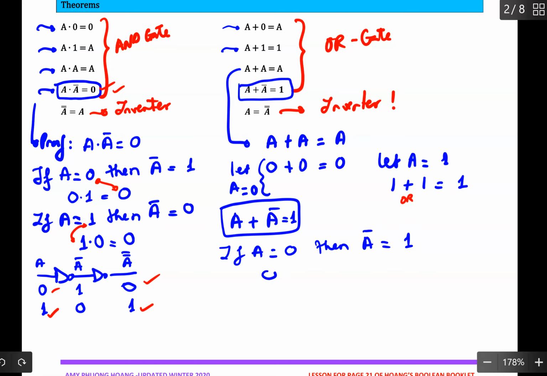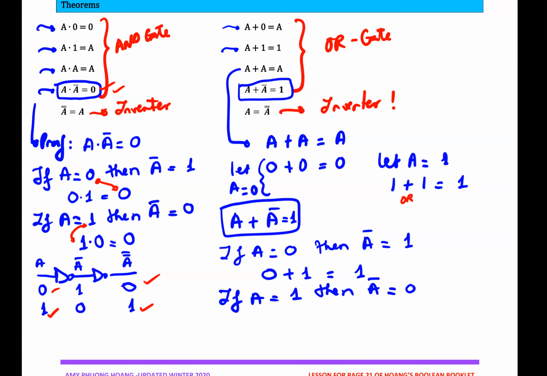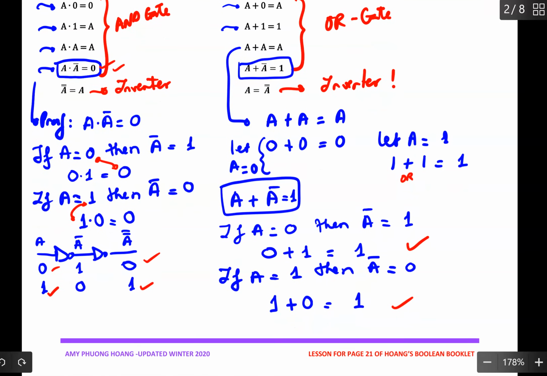So I will have 0 or 1, which has to be equal to 1. If A equals 1, then the complement of A is equal to 0. Therefore, I will put 1 or 0, which is equal to 1 again. So they are proven in this case.